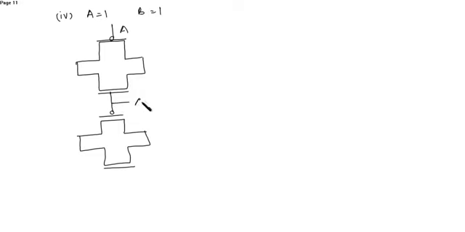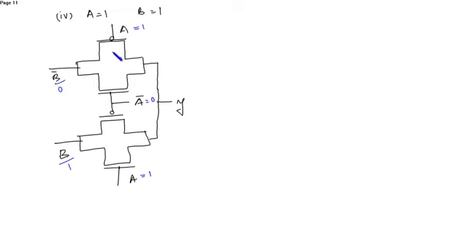This is A, this is A bar, this is again A, this is B bar, B. This is now the output Y. So here if A is 1, then A bar equals 0. If B is 1, then B bar is equal to 0.